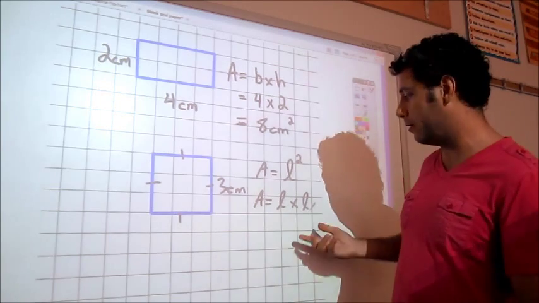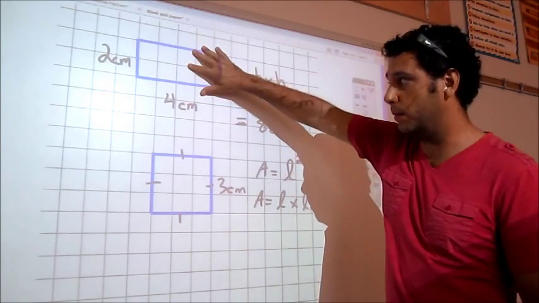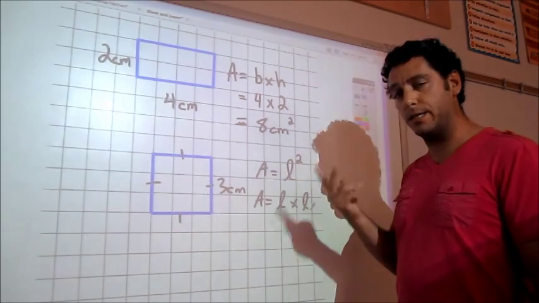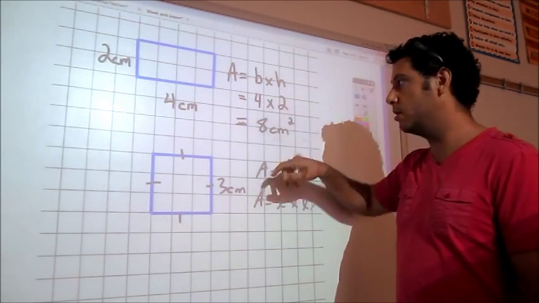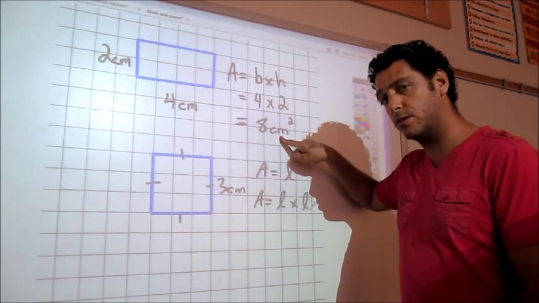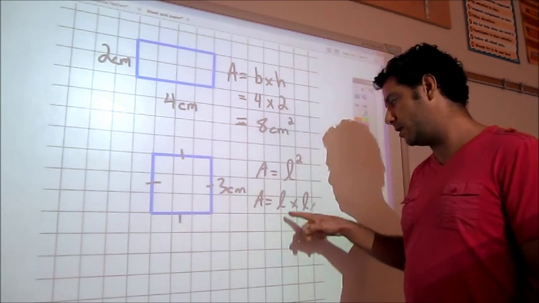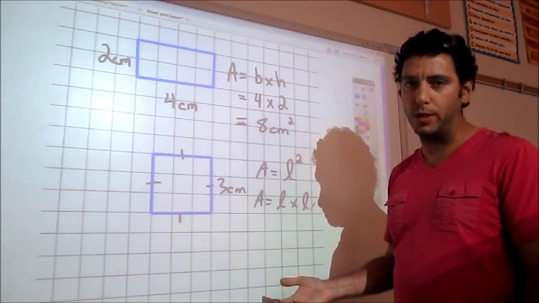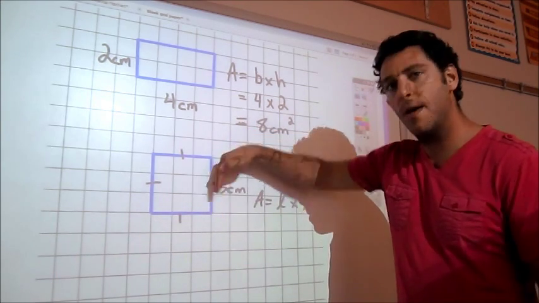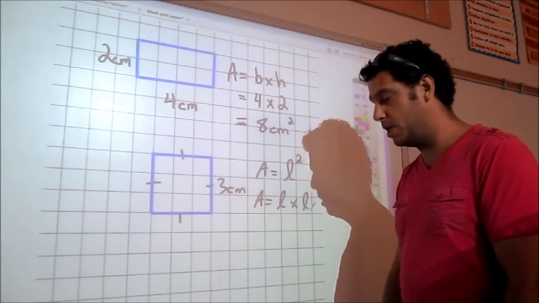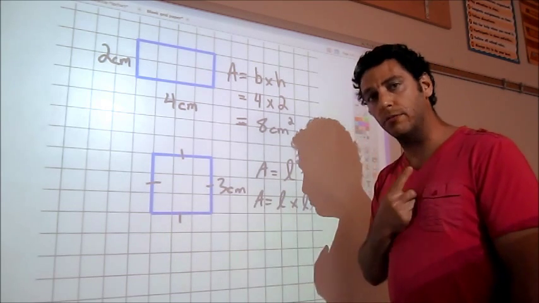All right, you can compare that to the rectangle formula here. We multiply the 2 dimensions of it, 4 times 2, or base times height, to get our 8 square centimeters. And in this case, really what we're doing is the same thing. We're looking at the base and we're looking at the height, okay? But because they are both the same, we really only need one number, okay?